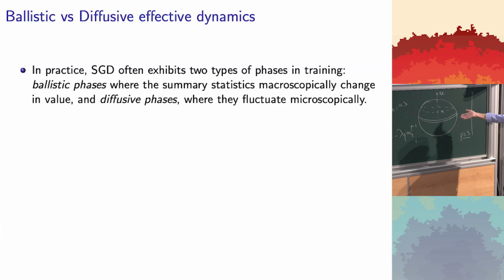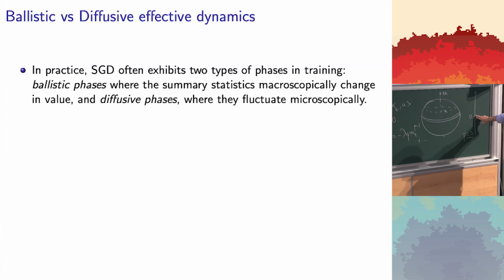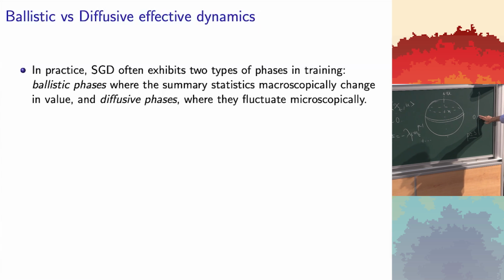If I start with a random point, I will start very near 0, and I start with a diffusive phase, right? This thing will essentially wander around because the gradient is not strong enough. You have noise that you could see like Brownian. And then once you reach the hemisphere, then you will move fast. This will be ballistic, right? So you start with diffusive, and then you do ballistic, okay?